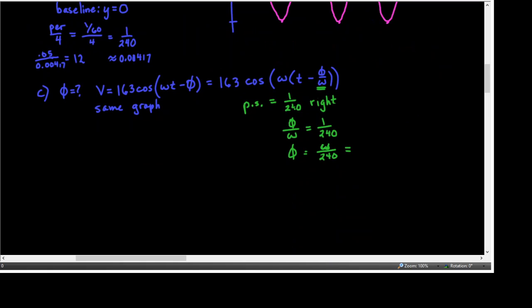So let's make this 120 pi divided by 240, which is pi over 2. Okay, so I think that does that problem. Get pi over 2. Perfect.